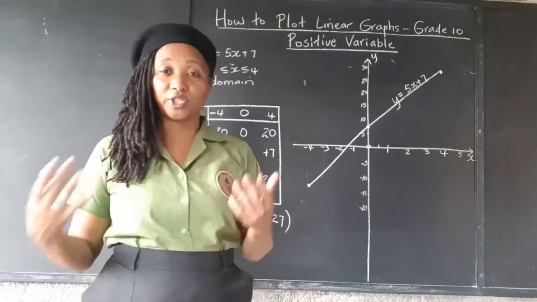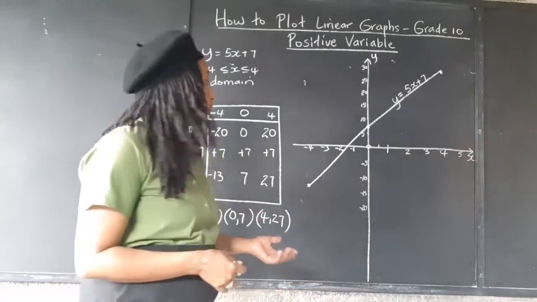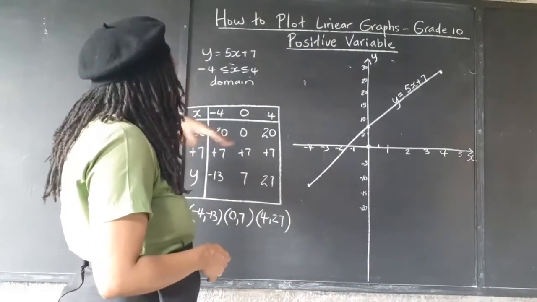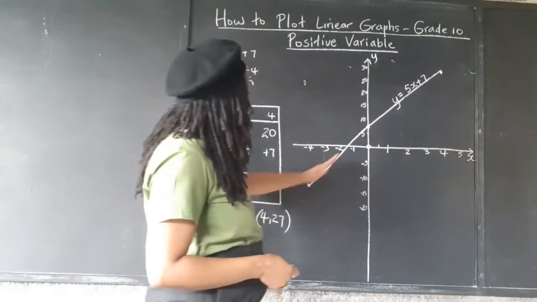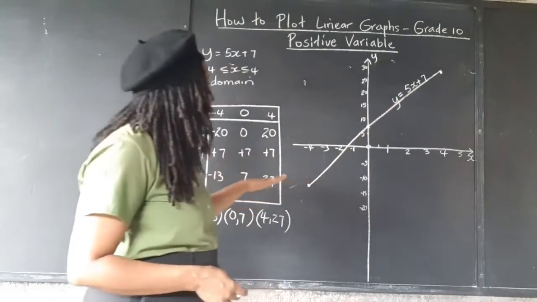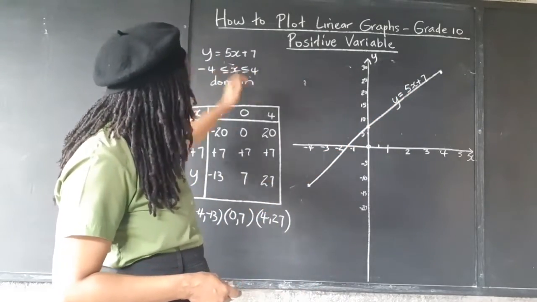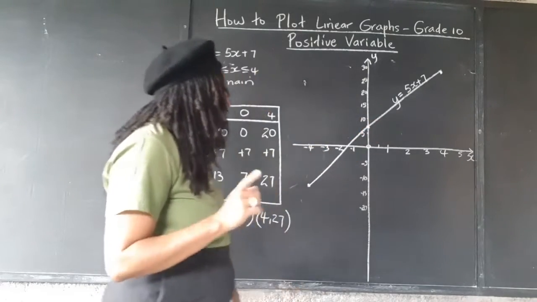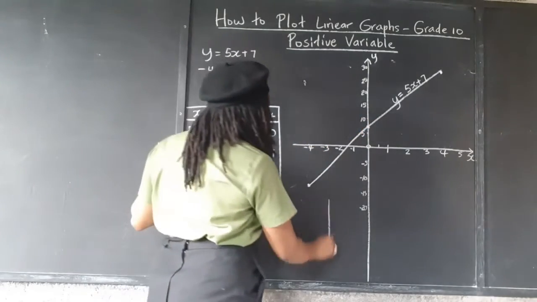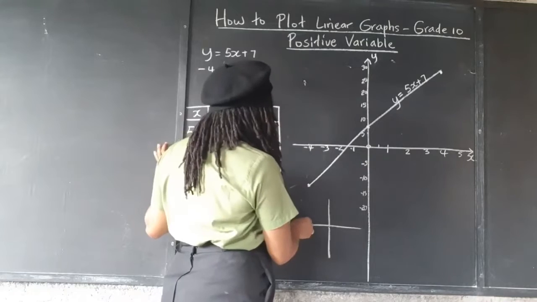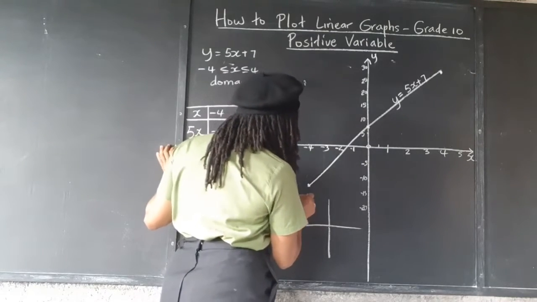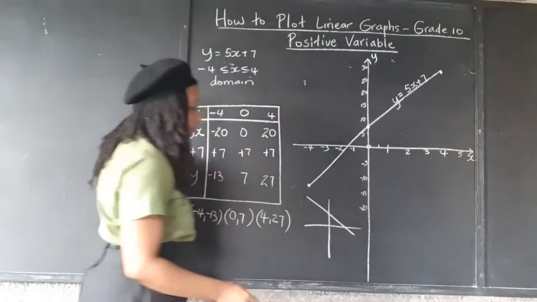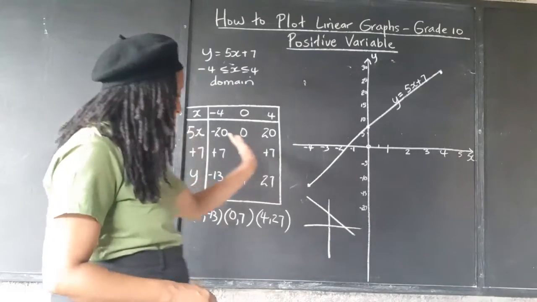So just x or just p or just w. So it will be inclined like this when the variable is positive. When we did the graph in the last video and the variable was negative, it was inclined that way. Right? It was inclined like that.